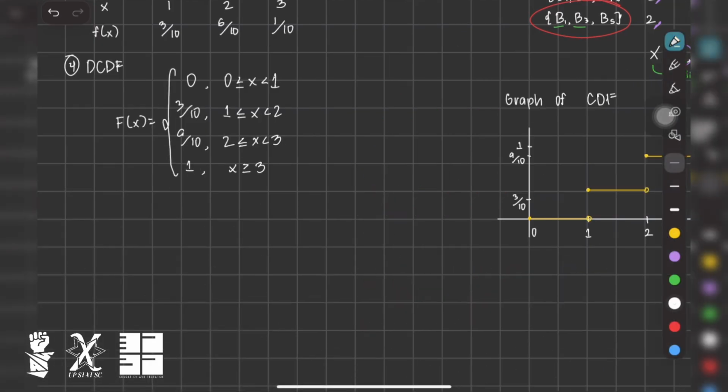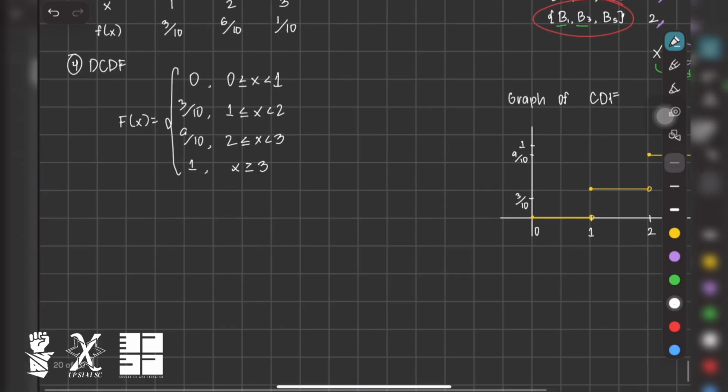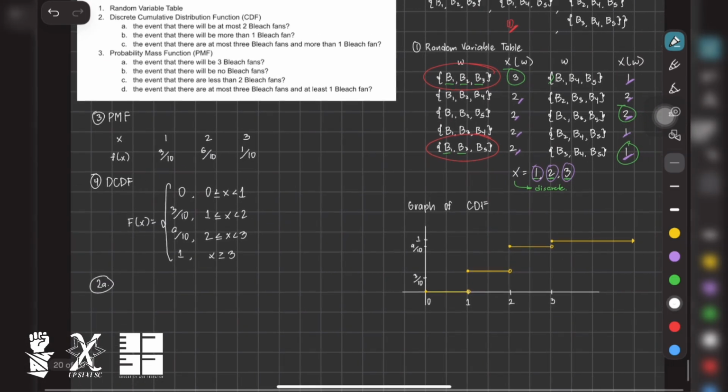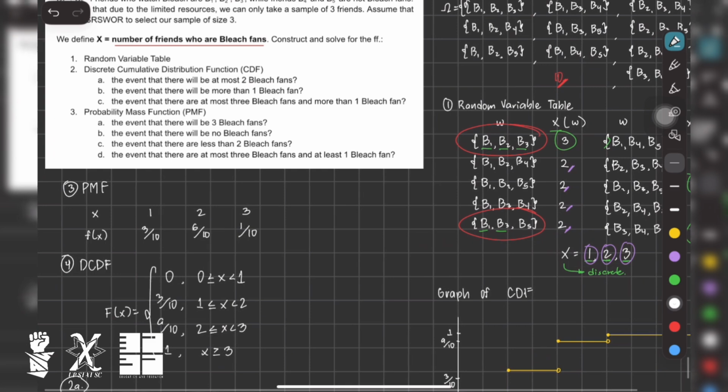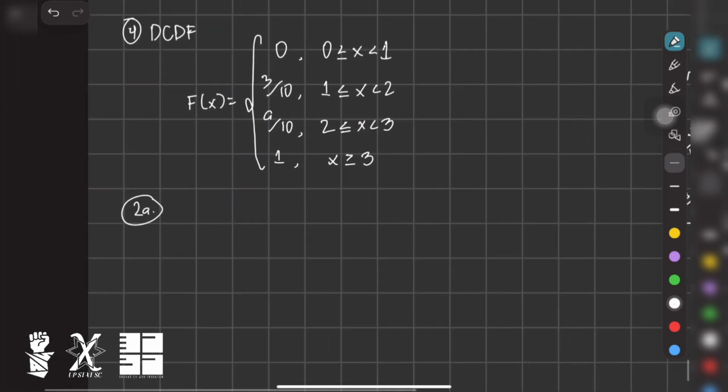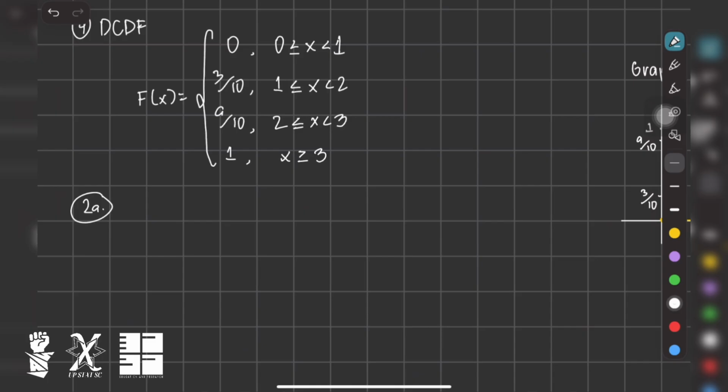Now, let us move on to solving the problems under the PMF and discrete cumulative distribution function. First, we have number 2a. We have the event that there will be at most two bleach fans. How do we write the probability of that?